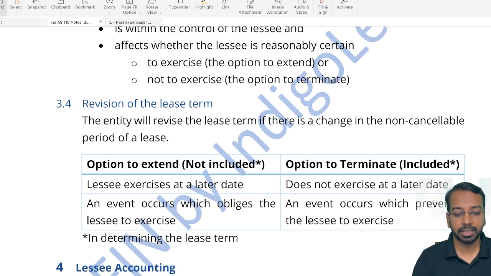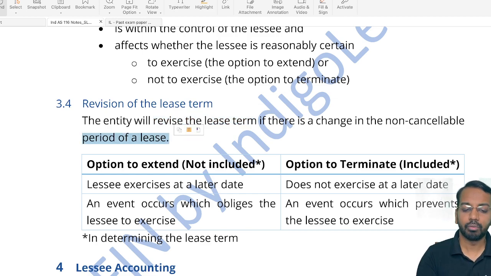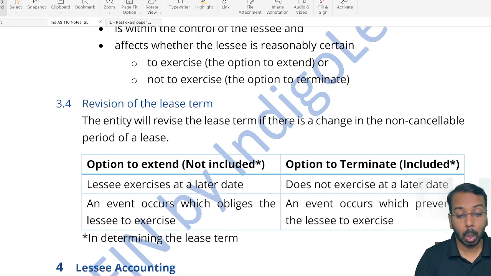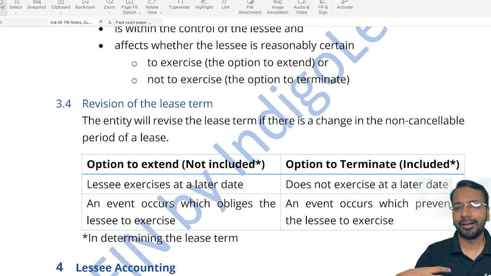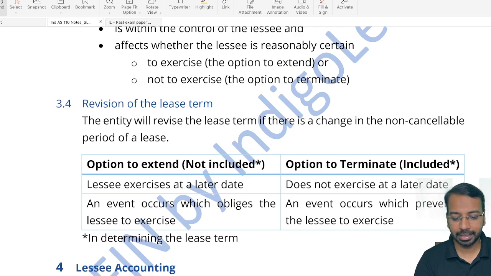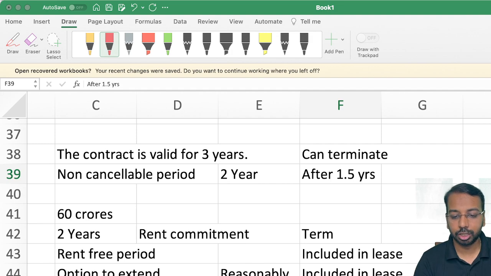Then the entity should revise the lease term if there is a change in the non-cancelable period of the lease. Now what happens? For example, the option to extend was not included initially. Say we had 2 years, and the extension we did not consider.